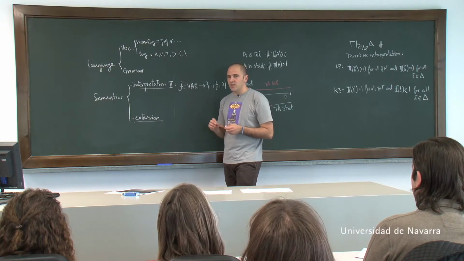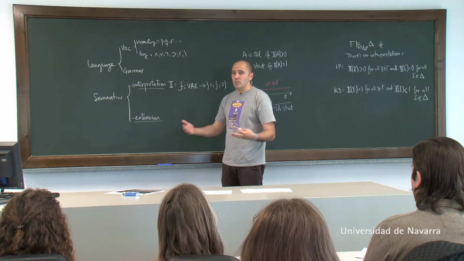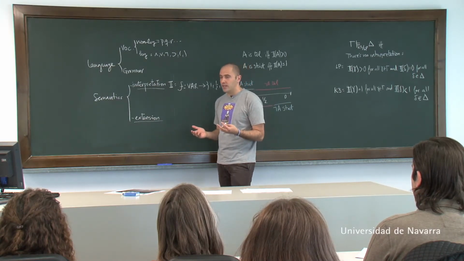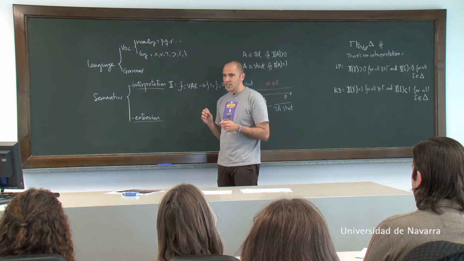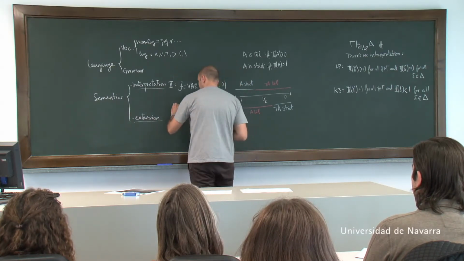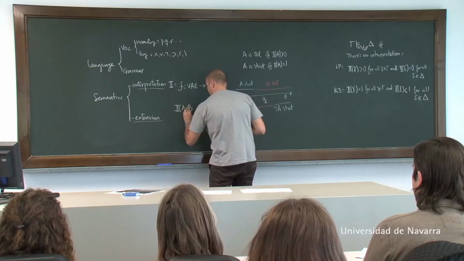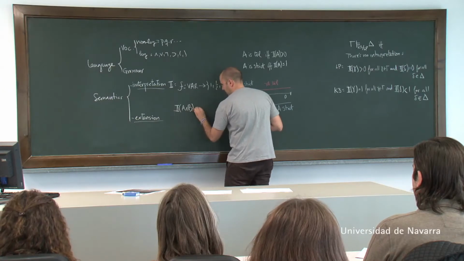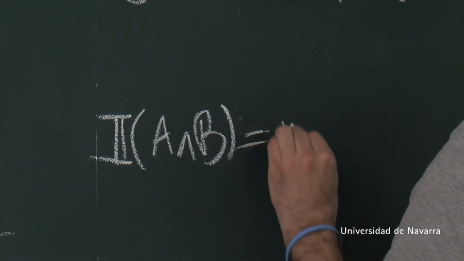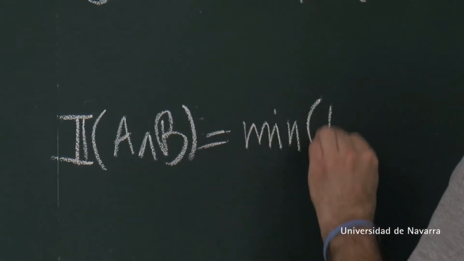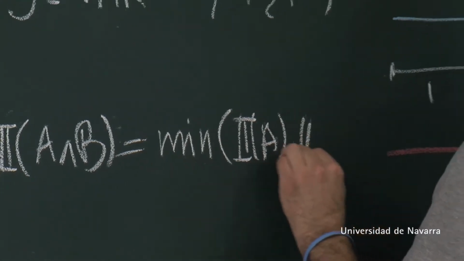You've got room for different options here, but the one we are going to use is called the strong Kleene schema, which assigns to a conjunction the minimum of the truth values of its conjuncts.